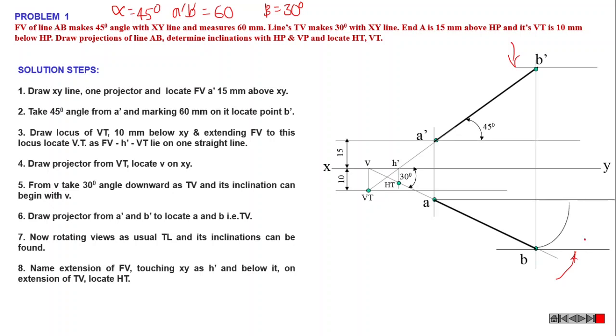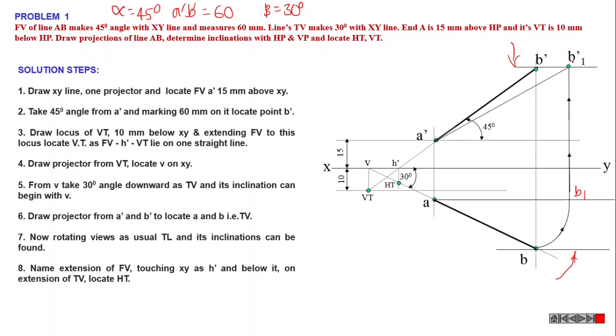Then we rotate the top view in such a way that it becomes parallel to XY line, then this point will become B1. Then AB1 is parallel to XY, having the same length as the top view. Then by projecting this point B1 up to the locus of front view, we can locate B1 dash.